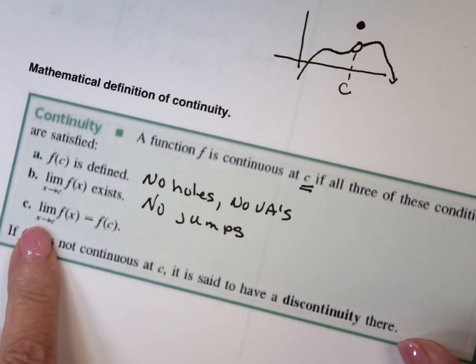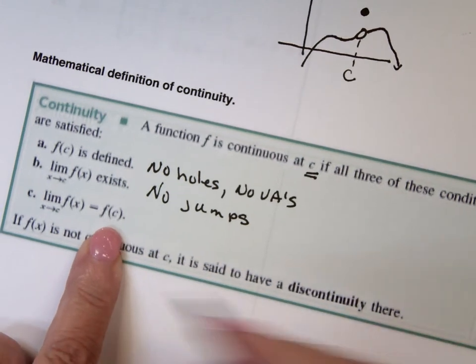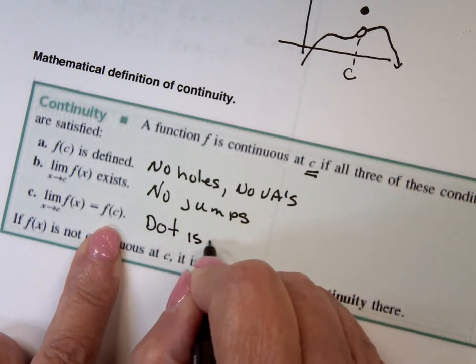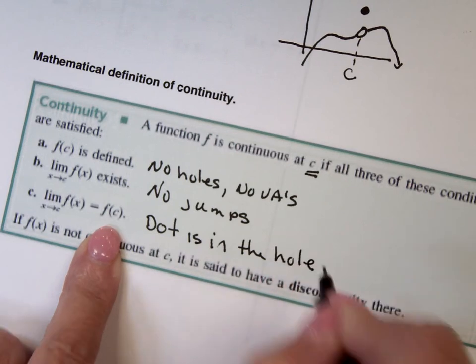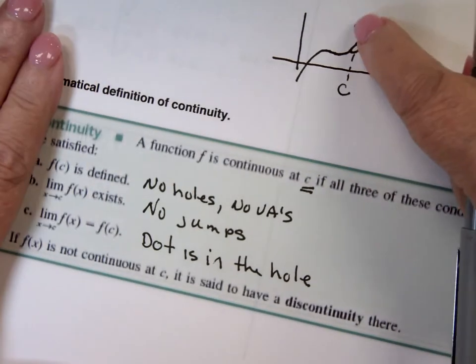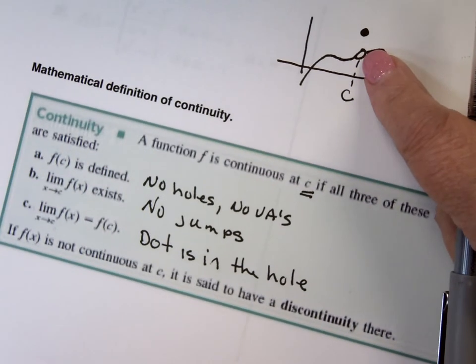The limit as x approaches c of f of x equals f of c. That means the dot is in the hole. The dot's in the hole. If the dot's in the hole, it's continuous. If it's not in the hole, it's not.